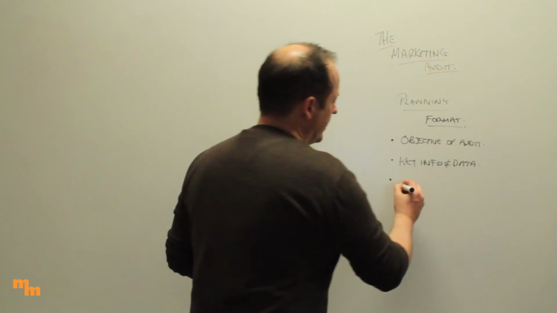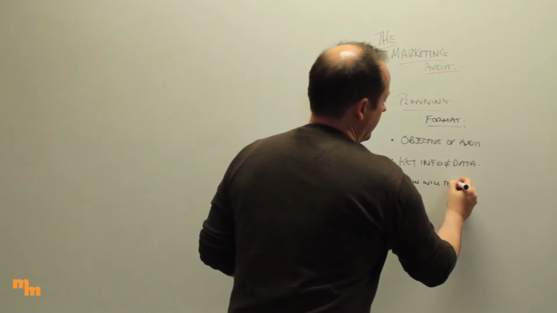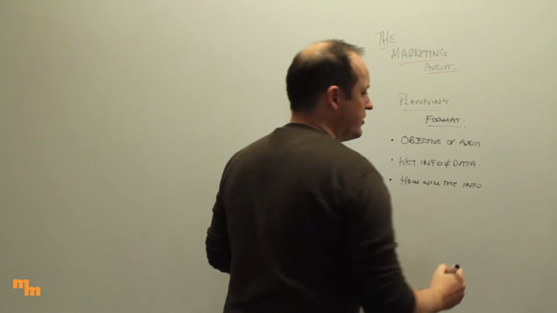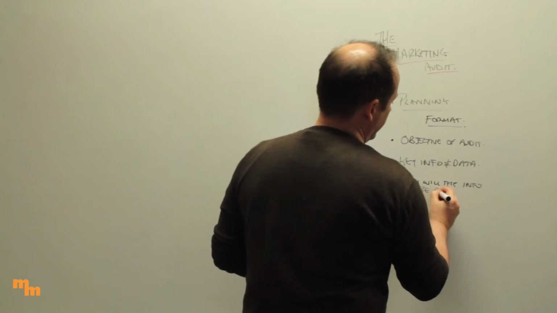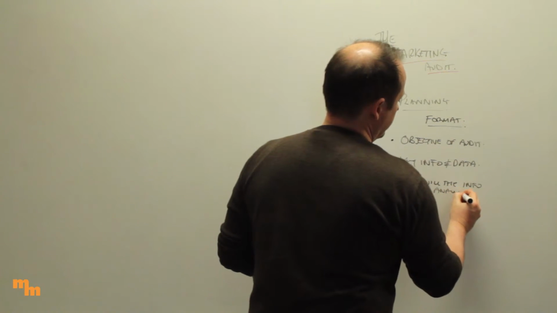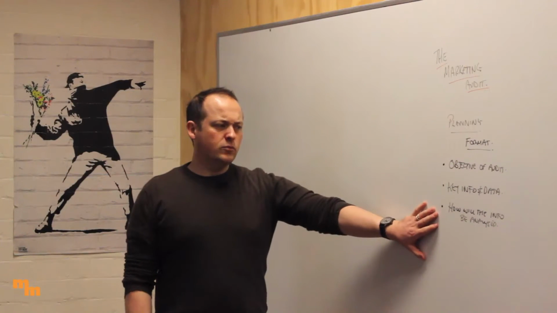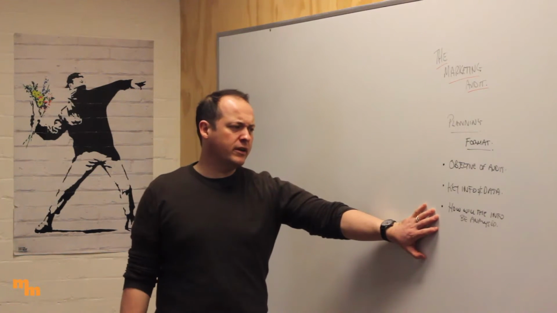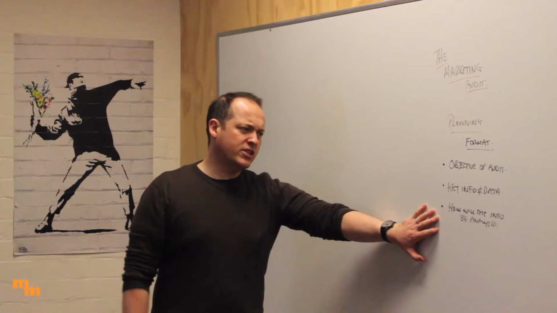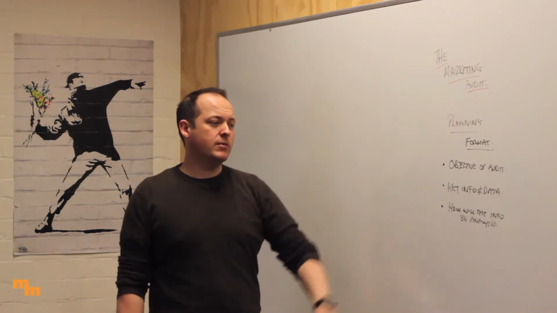The next thing is how is the information analysed? So what are we going to do with the information? Okay, so how we're going to look at that information, what techniques, what methods, or who's going to look at it, how are they going to look at it, when are they going to look at it, what sort of skill sets do we need, it's the bigger picture of how it's going to be analysed.